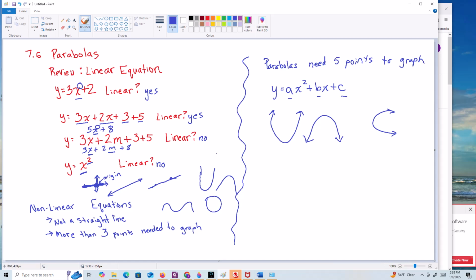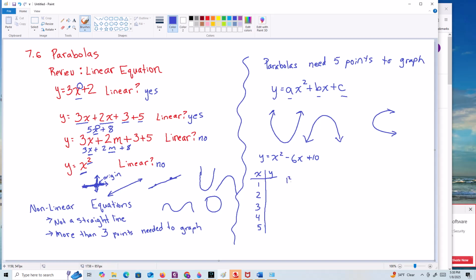So if I have y equals x squared minus 6x plus 10, and I am asked to graph it, I need to go ahead and create a table of my xy values. I can go ahead and fill in x values and then plug those values into the equation to get my y value.